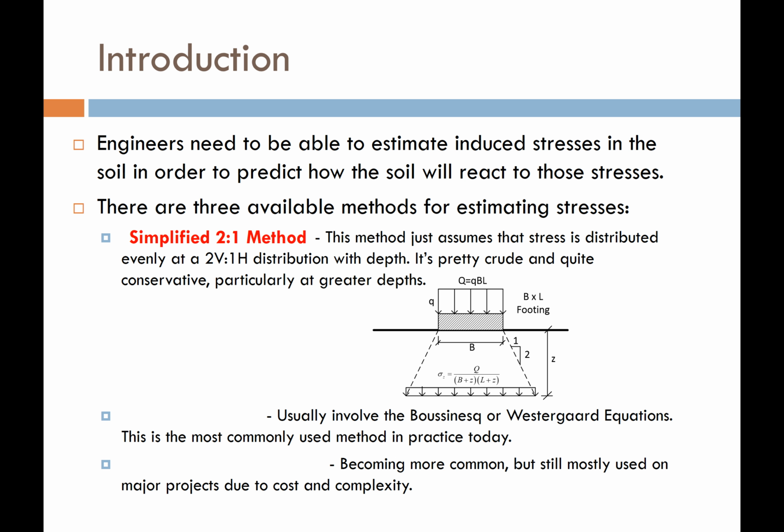This basically is what I might call the back of the envelope type of calculation, or a very crude method to distribute some sort of load down through the soil at a slope of 1 horizontal to 2 vertical. So all we're assuming is that the soil particles are distributing these loads out, so that the deeper we go, the broader that cross-sectional area becomes that the load is distributed over.